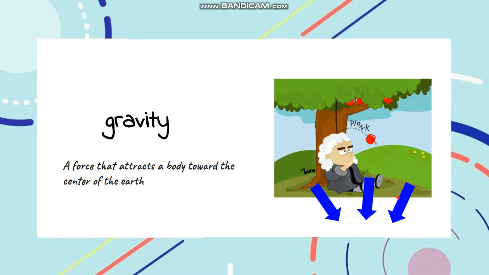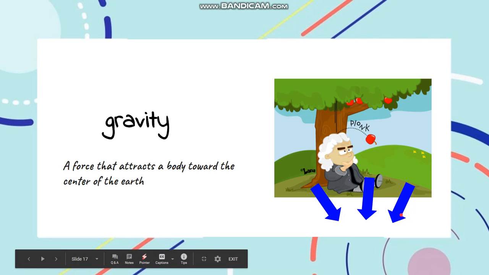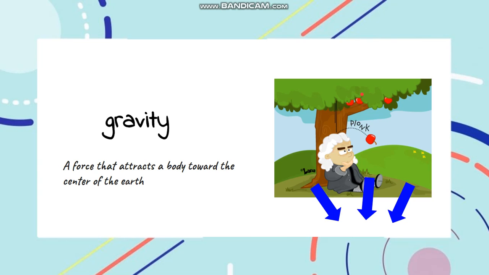So everything on the Earth is pulled by a force. And that's why when the apple falls down from the tree, it will always stay on the ground. So that's why the Earth has gravity and it pulls everything toward itself.